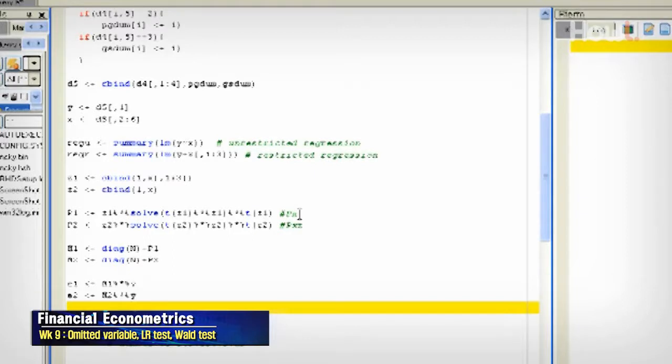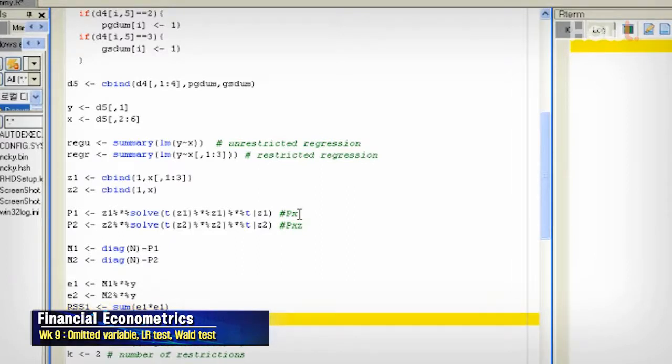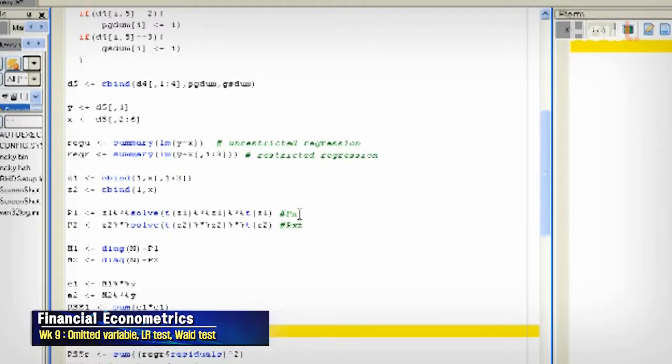Now, of course, RSS1 is basically the sum of E1 squared. RSS2, which is unrestricted, is the sum of E2 squared.